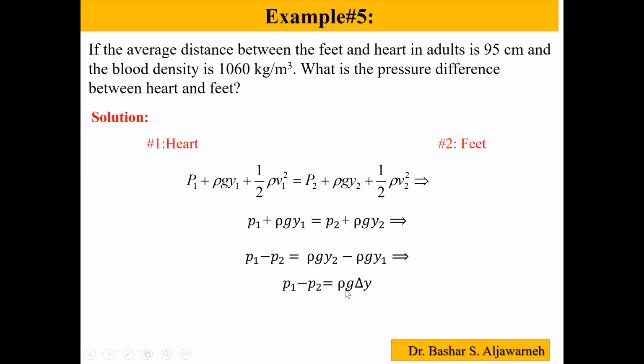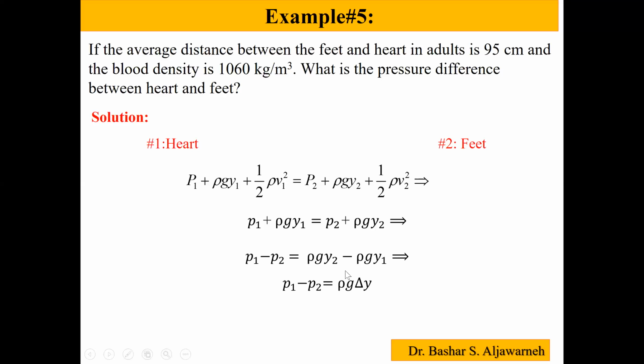Now, rho, the density for blood, is given. g is known, which is approximately 10 meters per second squared, unless we told you in the exam or in the question to take g as 9.8 meters per second squared.